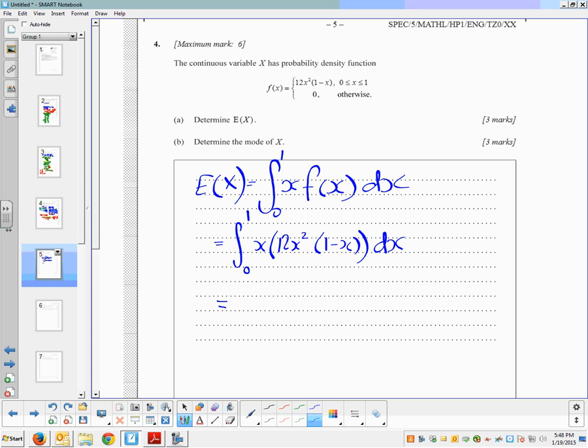The easiest way to do that is going to be to expand everything out. 12x cubed times 1 minus x, or 12x cubed minus 12x to the 4.